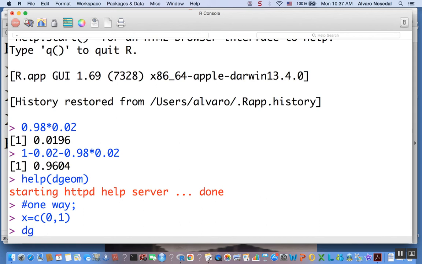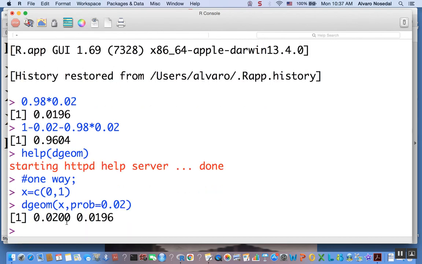Now I evaluate the probability mass function at x. The parameter prob is 0.02, the probability of success. So I am evaluating the probability mass function of that geometric at 0 and 1.